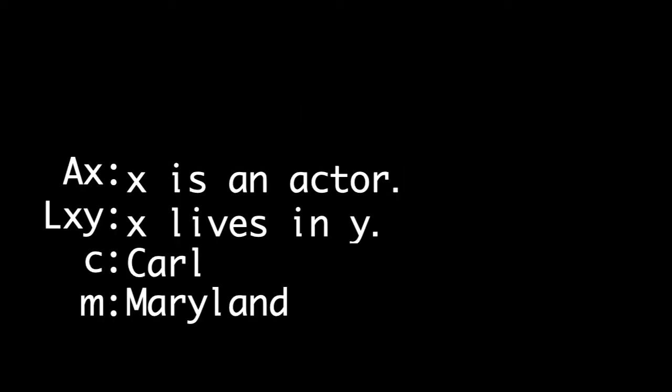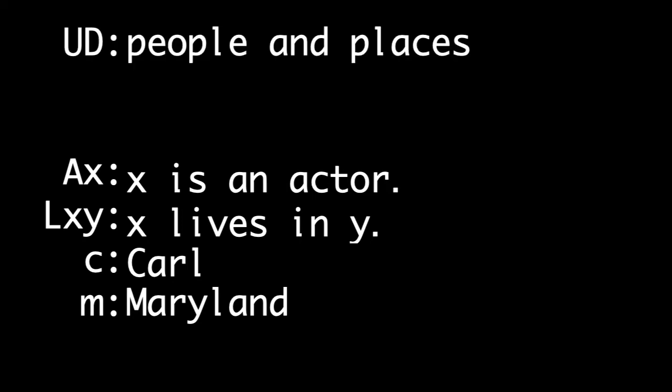We can have Ax be x is an actor, just like we did before. We can have Lxy mean x lives in y. And we can have two constants. Little c can be Carl, and little m can be Maryland. What about the universe of discourse? Well, because we have a constant for Carl, our universe of discourse has to include Carl. And because we have a constant for Maryland, the universe of discourse must include Maryland.